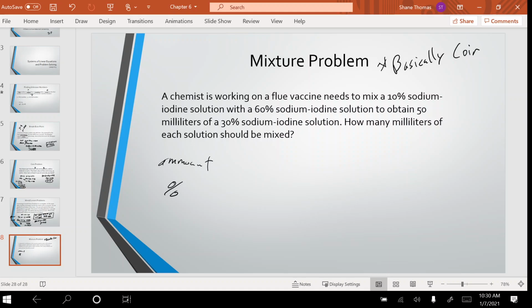So here's how we set this up. Amount, we're looking for how many milliliters total? 50, right? Okay, we want 50 milliliters. That's how much we want total. So that's just going to be X plus Y equals 50.